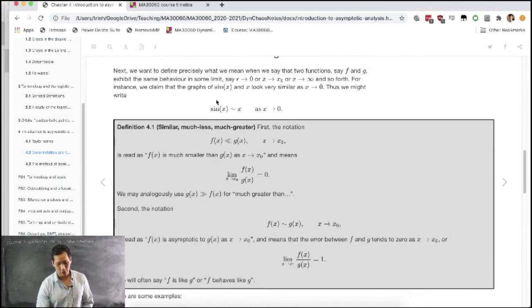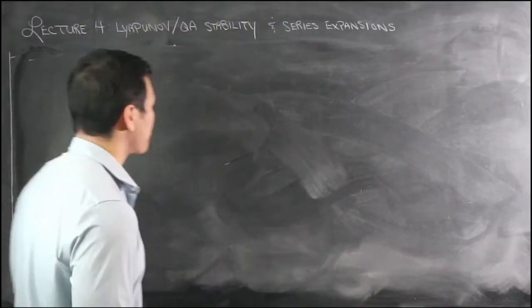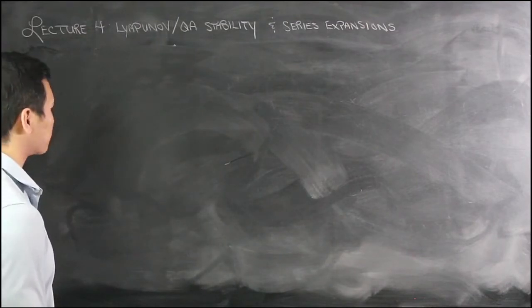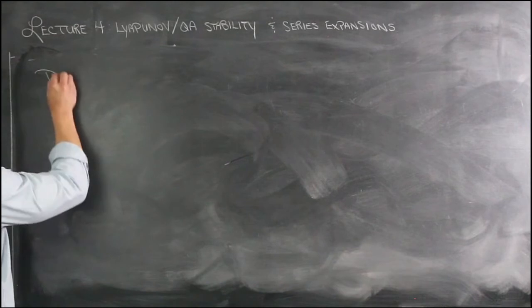You're going to introduce a much less than symbol, which uses two less than signs, and that is also going to be equivalent to a much greater than symbol, read in the opposite way. And then you're also going to introduce this notion of similarity, or sometimes asymptotic to, similar terminology. Okay, so this is now definition 4.1.